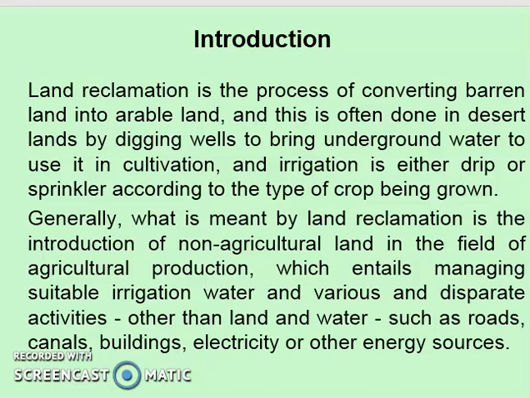This includes some infrastructure like building a road, electricity, and some other infrastructure usually needed with land reclamation.